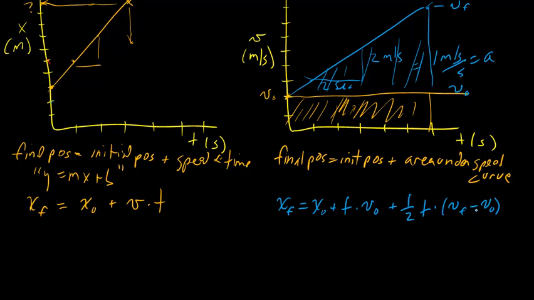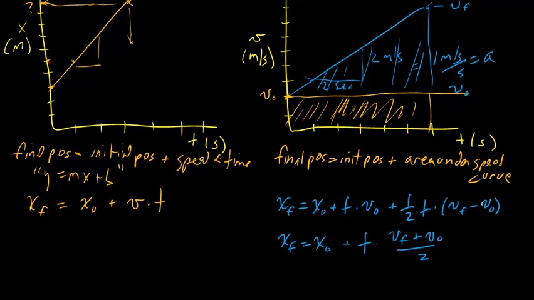All I've done is take one full v naught and subtract off a half of a v naught, so I get a positive half of a v naught, and I have a positive half of a vf right here. What this is, which is interesting, is time times the average speed.